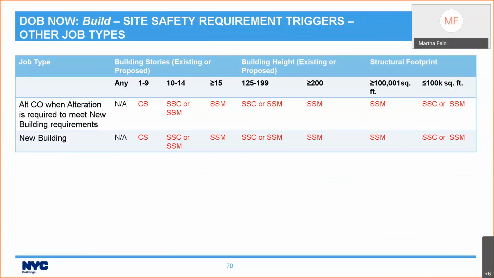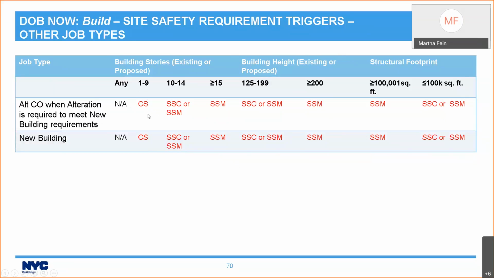Now, if it is an Alt-CO where alteration is required to meet new building requirements, in other words, a new building with existing elements to remain, or a new building, you're always required to have a site safety person and a site safety plan. However, if the building is only 1 to 9 stories, it's a construction superintendent.